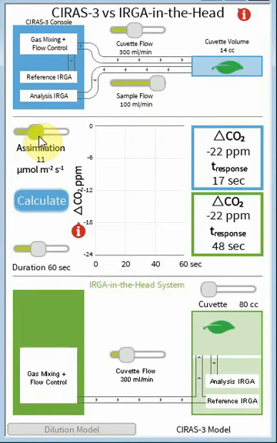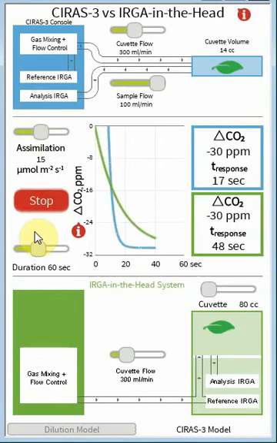I'm going to increase this to 15, and then we'll hit the calculate button and see what happens. So this blue curve is the Cyrus 3 model, green is the erga in the head model, and you can see that the blue reached its final or its response time.